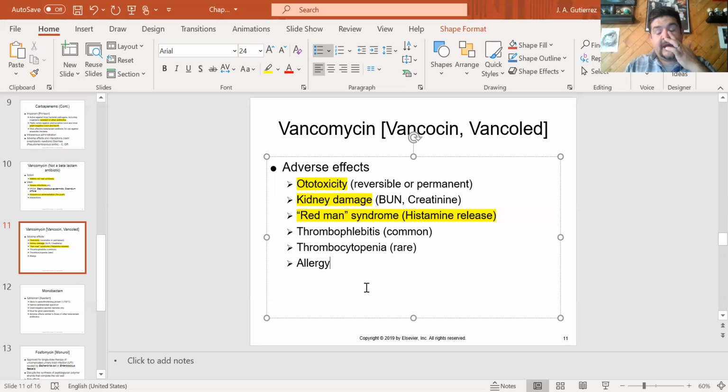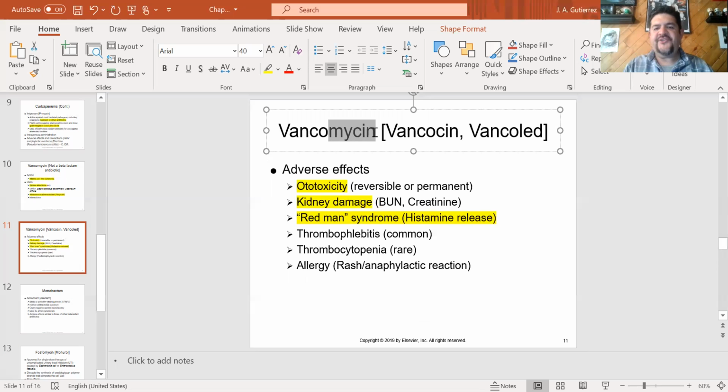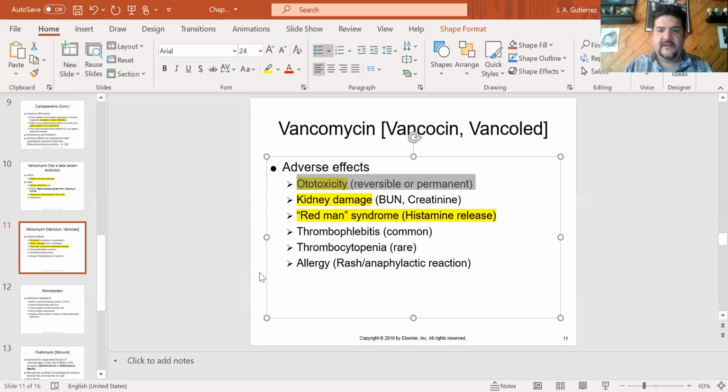Thrombophlebitis is common on the IV site. Just like any other medication, patient may have allergies where they're gonna develop a rash, or they can have anaphylactic reaction. So here's a little tip. Any medication that ends in mycin and is IV, you need to look for ototoxicity and nephrotoxicity.